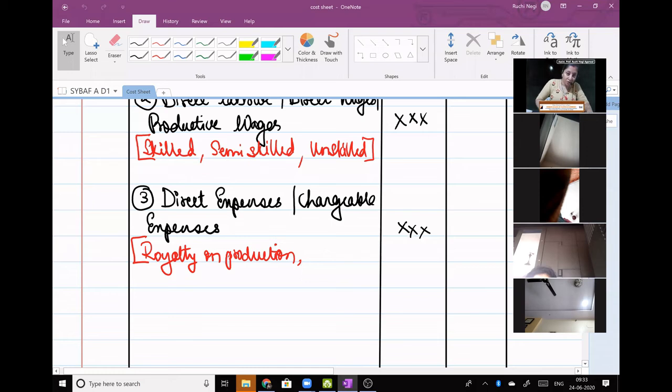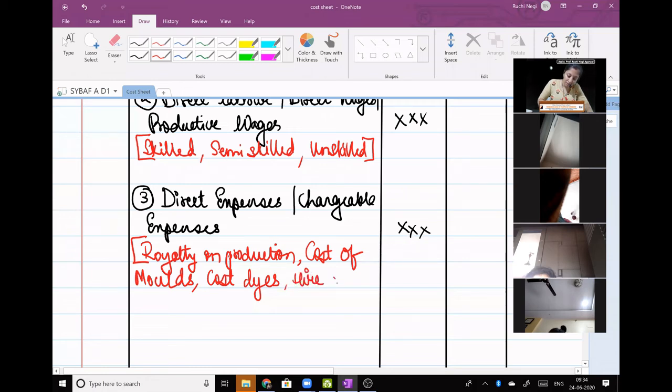So royalty on production is the example I said, and then cost of molds, cost of dyes, hire charges for special equipments. So these are under chargeable expenses.